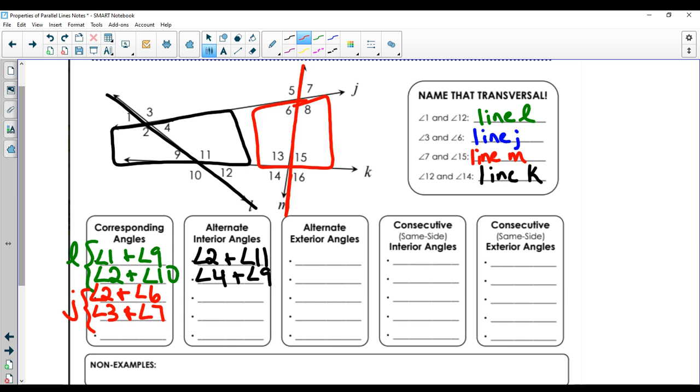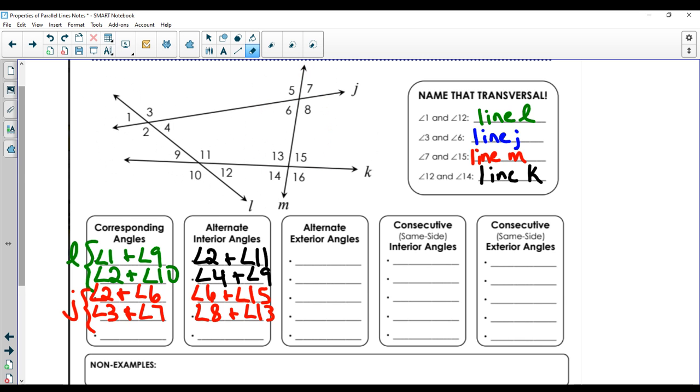And then alternate would be angle 6 and angle 15, and then angle 8 and angle 13. Okay? And then, of course, you could do it the other way for the other lines, but I'm just going to do looking at L and M as transversals. Now, I'm going to leave part of it there.